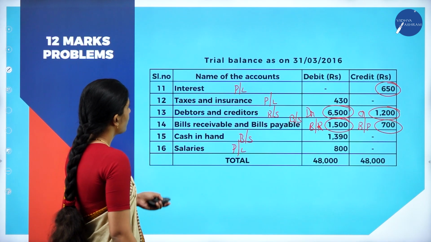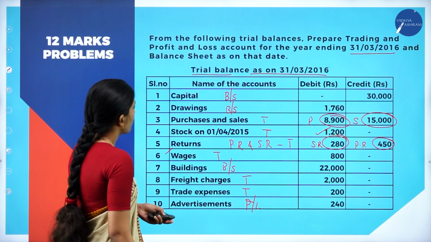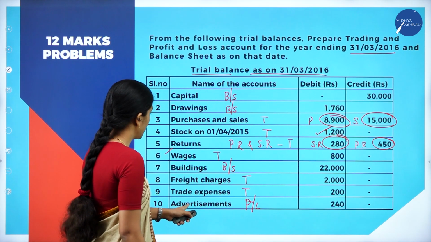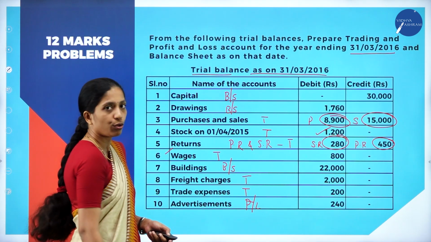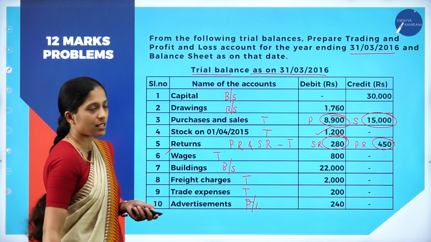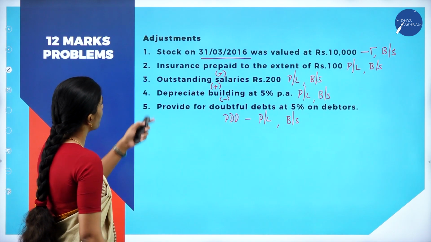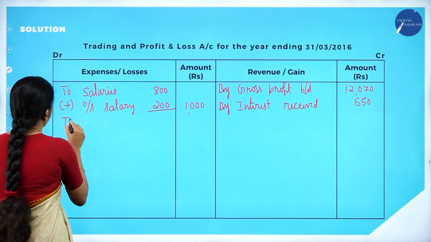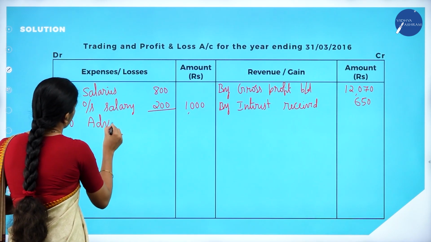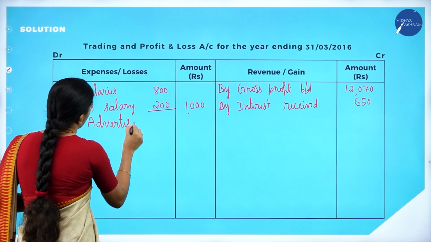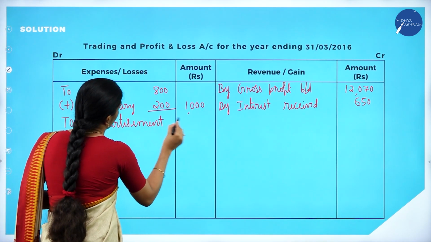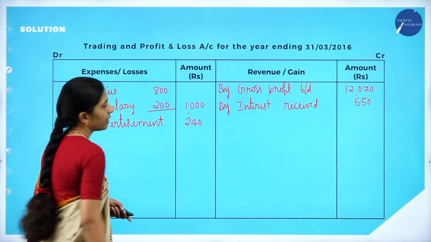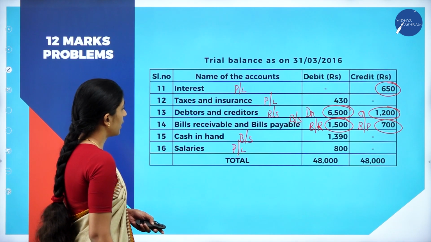Next, so we shall see once again. Yes, we have advertisement 240. So we have to take that advertisement 240. Any adjustment on advertisement? No. So to advertisement 240.